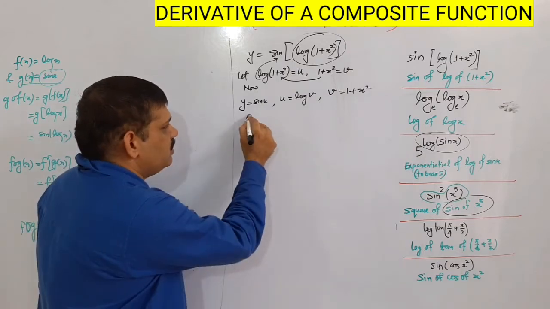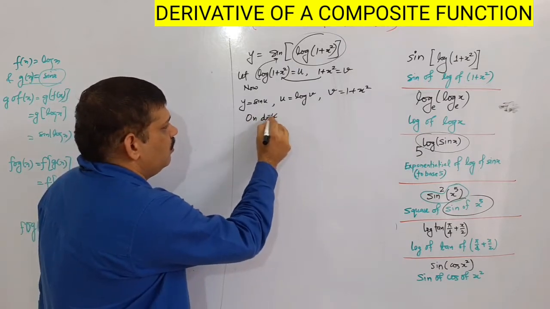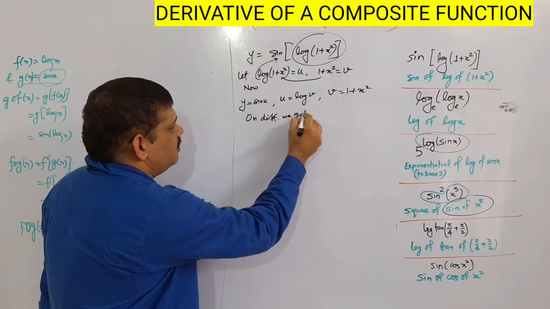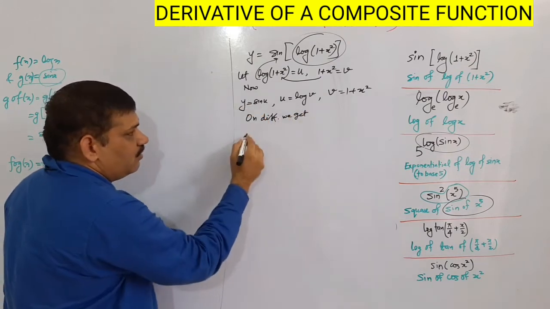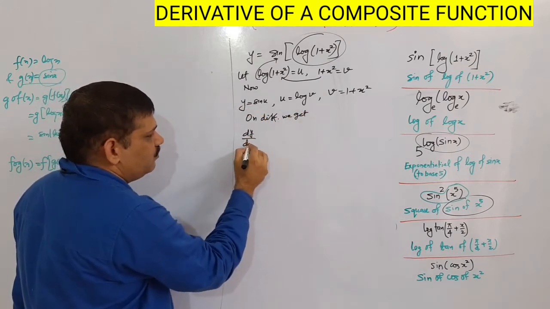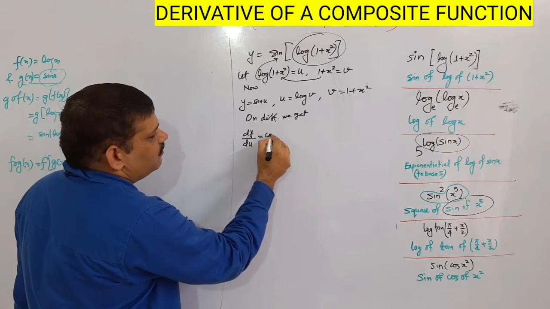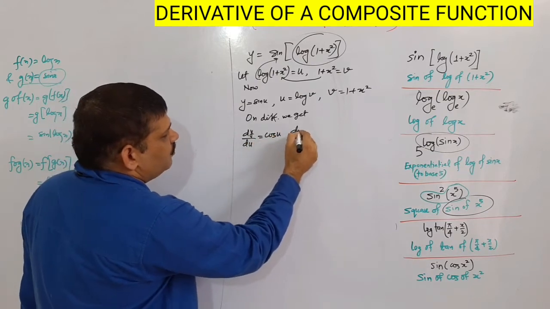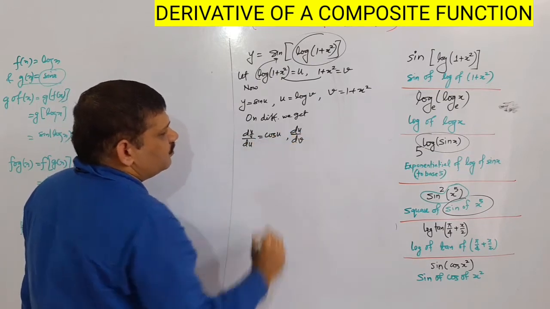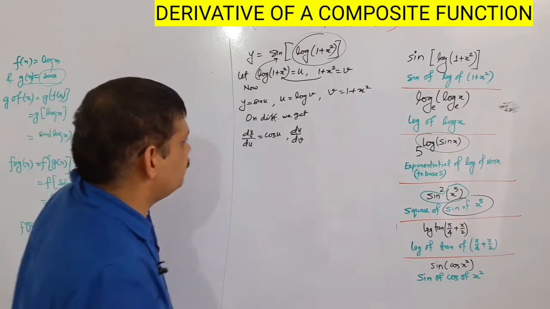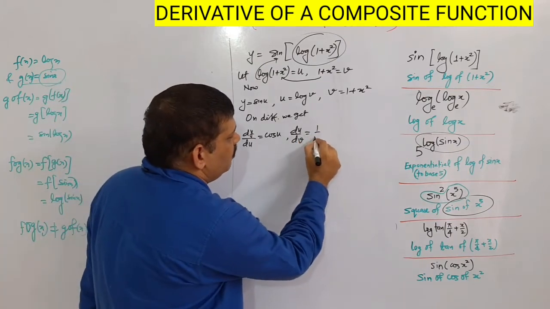So on differentiating we get, y will be differentiated with respect to u. The derivative of sine is simply cos of u. Now u will be differentiated with respect to v. The derivative of log is 1 upon v.